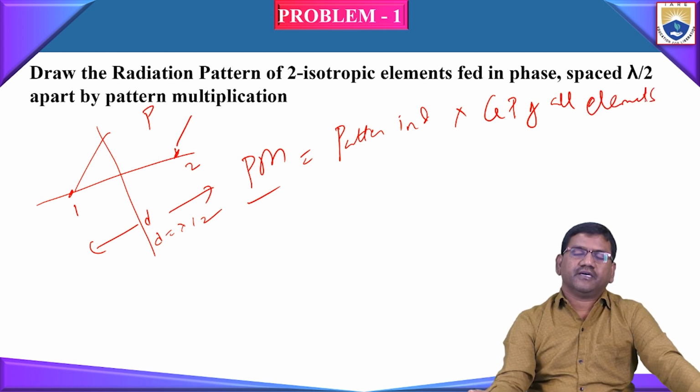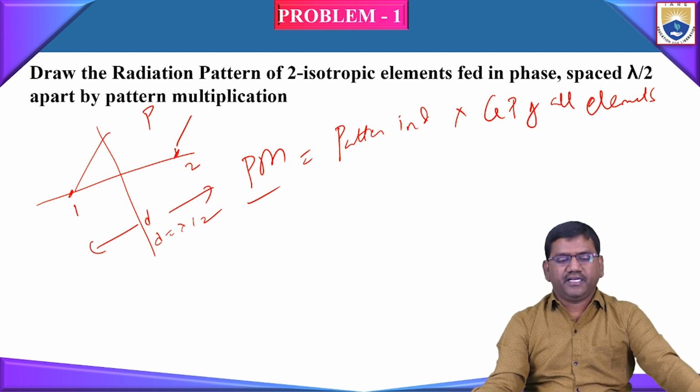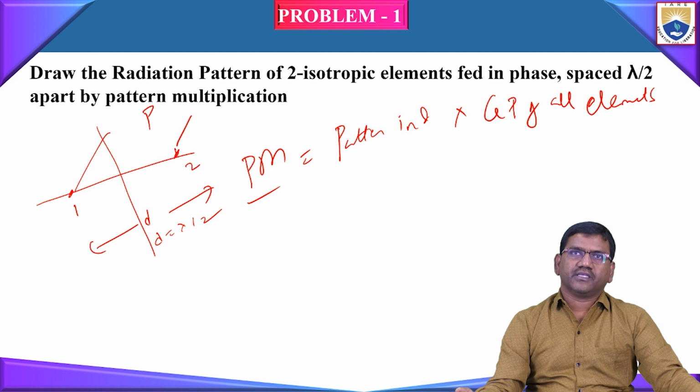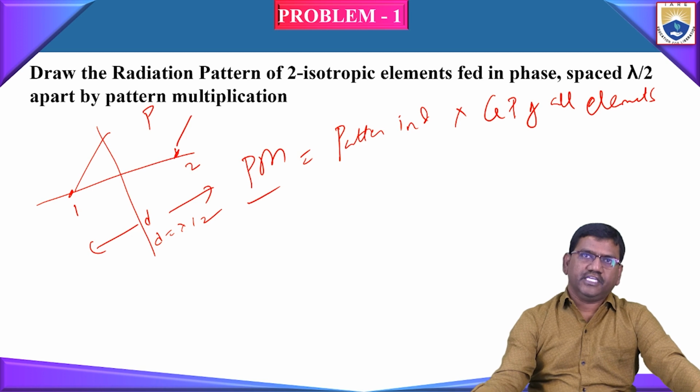The product of the pattern of any individual element and the group pattern of all the elements in an array, we call pattern multiplication. With this method we can draw the radiation pattern just by inspection.